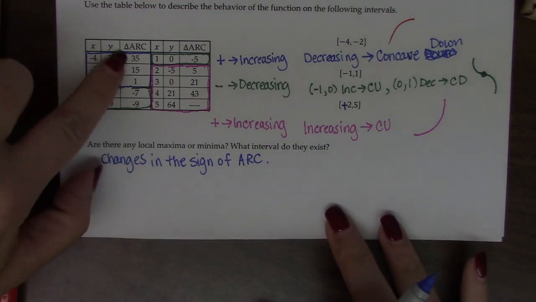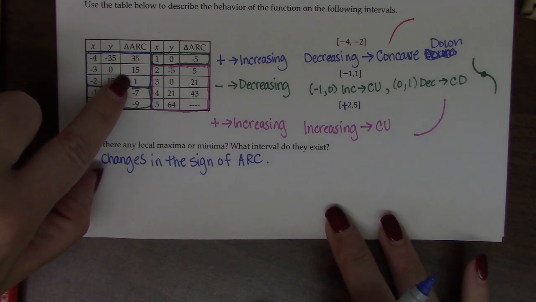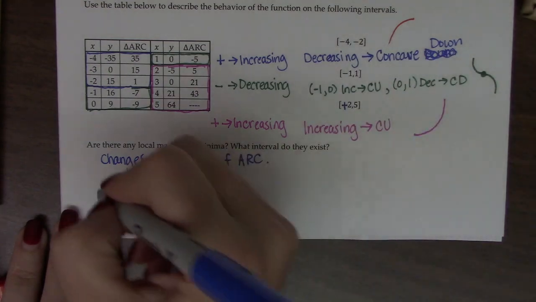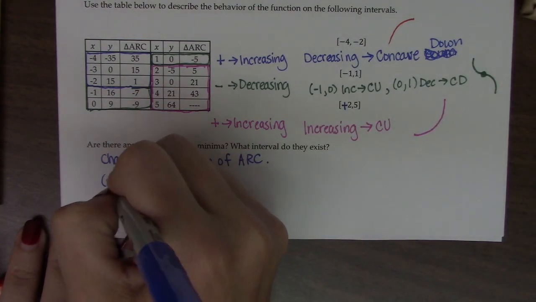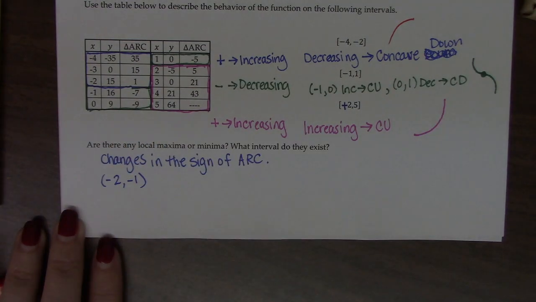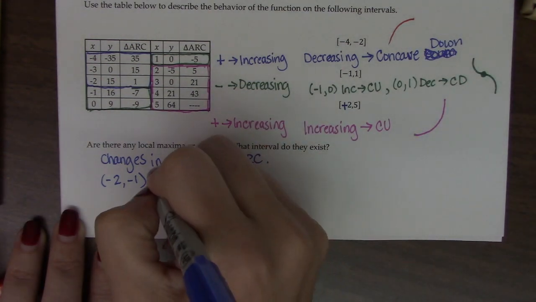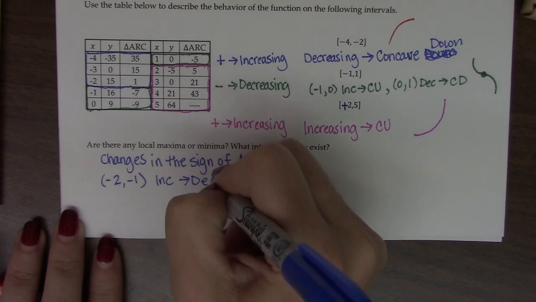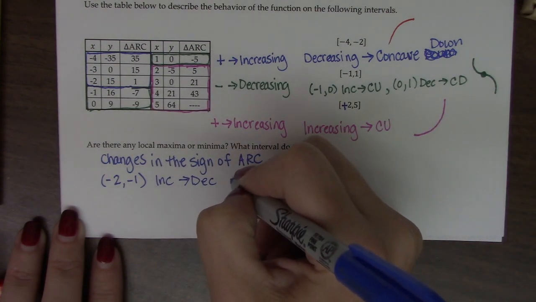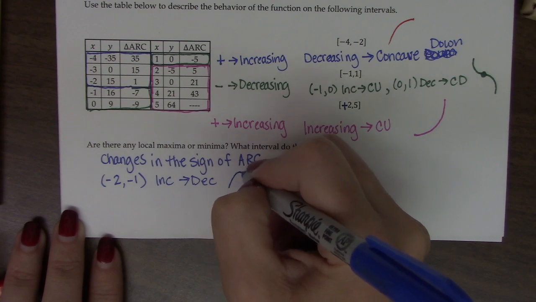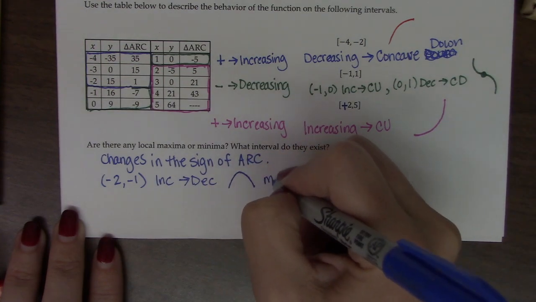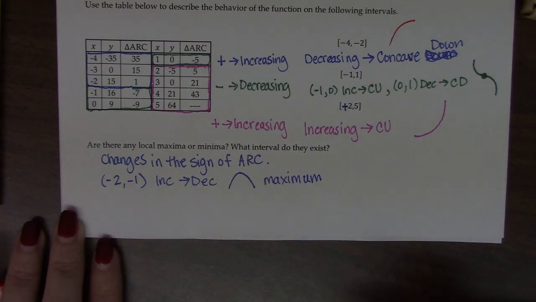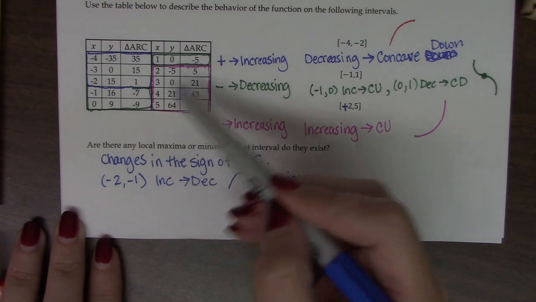If we scan down this graph, the ARC is positive, and then it suddenly becomes negative. That happens on the interval from -2 to -1. So this graph goes from increasing, that's what positive ARCs mean, to decreasing. If we look at what that might look like, the graph went from increasing to decreasing, so that is describing a maximum.